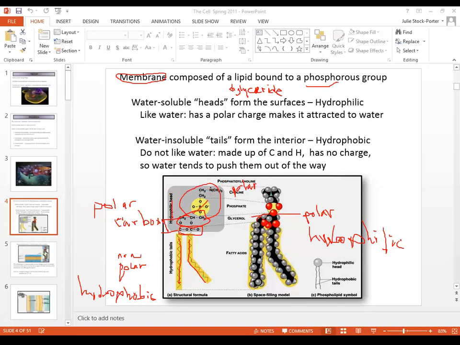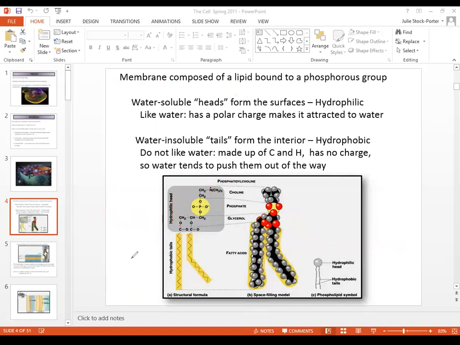So now if we look at this, we know that this part is polar, and it's going to be hydrophilic because it's attracted to water. And we know that the tail, or this part down here, the hydrocarbon chains, are non-polar.